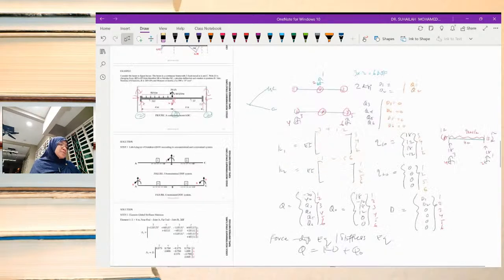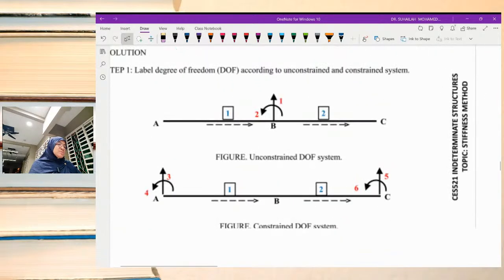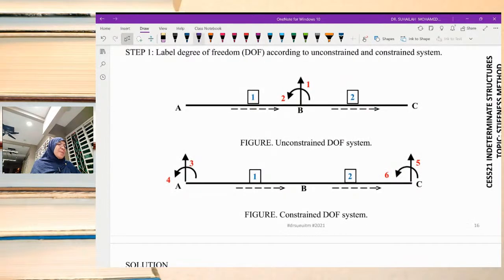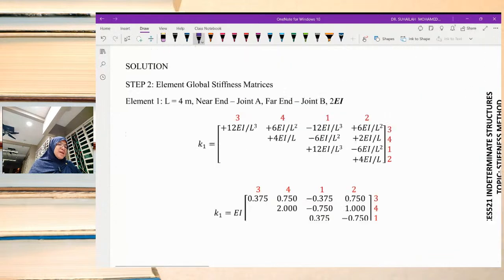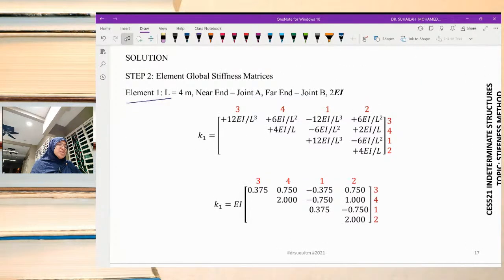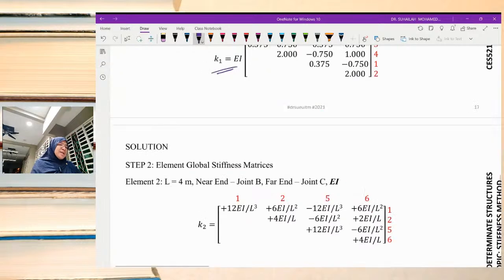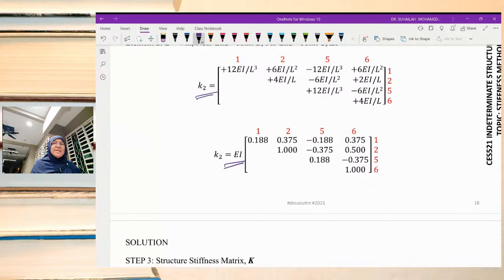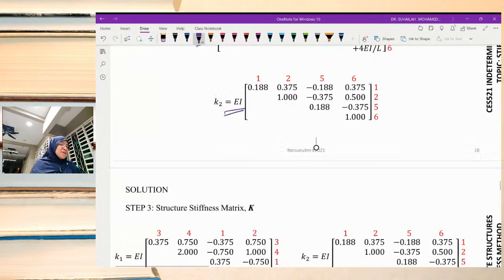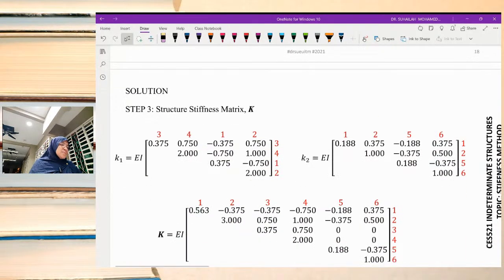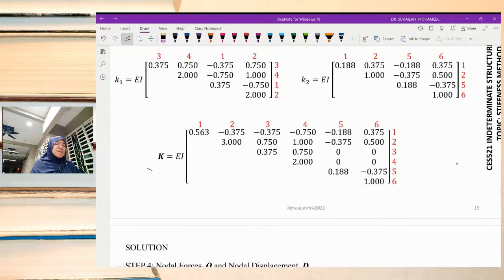So step number 1, we label 1, 2 here. Then we write the stiffness equation K1 and K2 in terms of EI, then we combine to have the structure stiffness matrix. It must be 6 by 6 because of the 6 degrees of freedom.